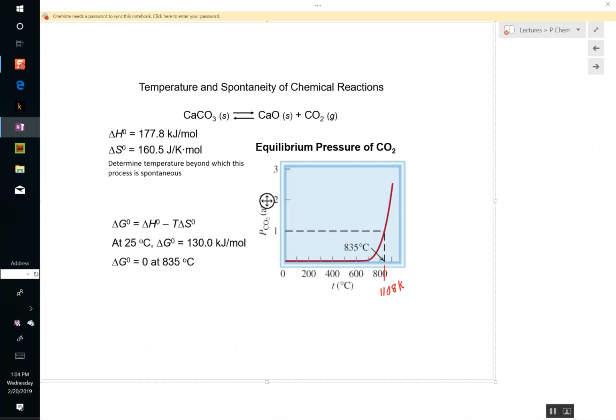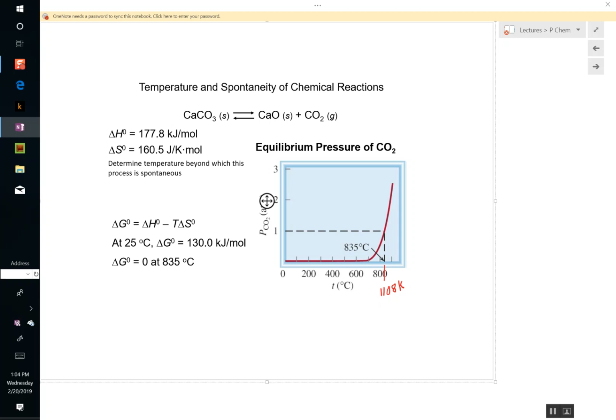Here's the solid to gas. Again, we're in centigrade here, but I put the 1108 in here. So crystalline, 100 degrees, 200, 300, 400, etc., nothing's happening. The crystals are extremely stable.